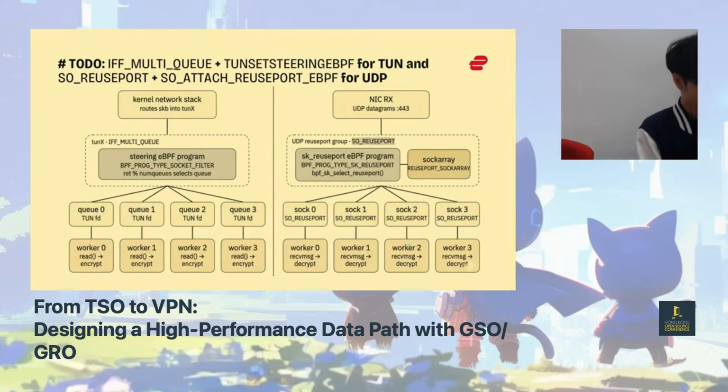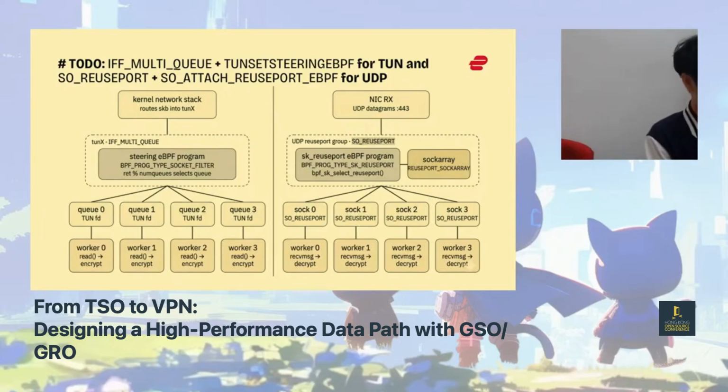So there is some future work to do really crazy plans. If the graph looks crazy, I promise it's not that crazy. It's basically asking the kernel to do multi-queue load balancing. People think that load balancing is difficult, but actually it's not that difficult if you can just ask the kernel to do it for you.